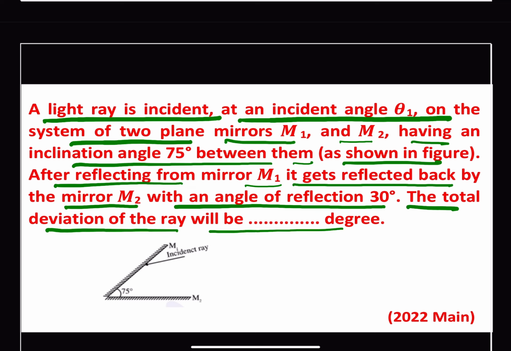So we have to find out here the total deviation of the ray. We are given that the incident is at an angle of theta 1 first on the mirror M1, and then on the mirror M2, and the reflection is given at an angle of 30 degree.